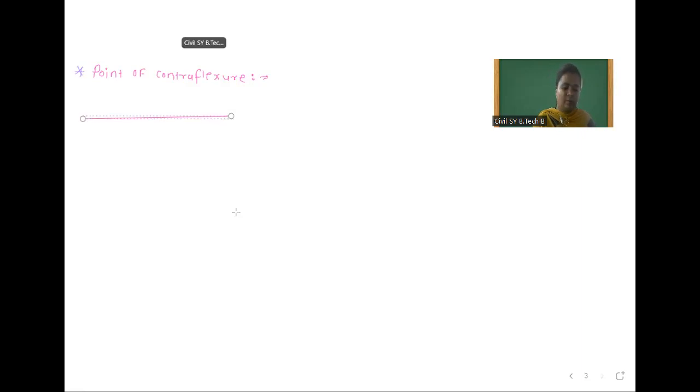Suppose this is an overhanging beam, and for this we will draw the shear force and bending moment diagram.